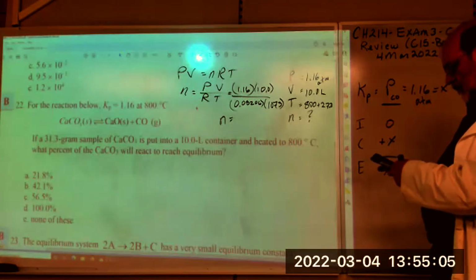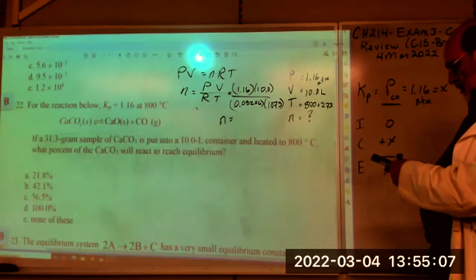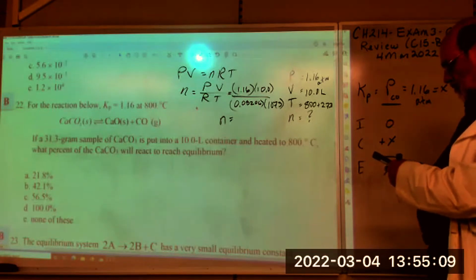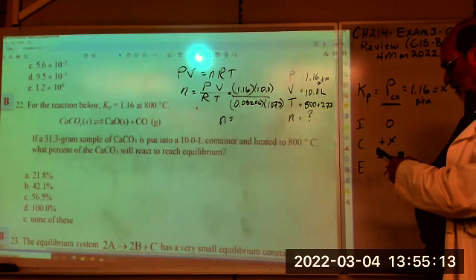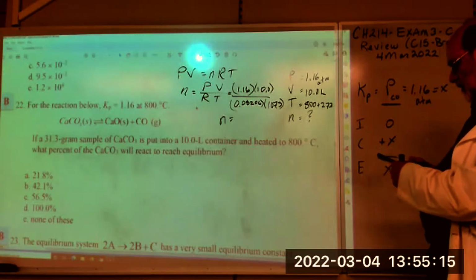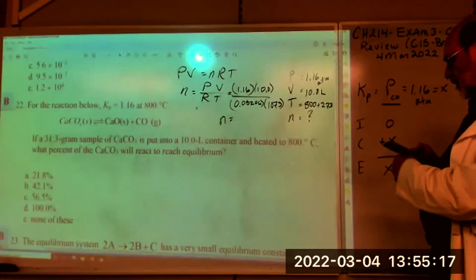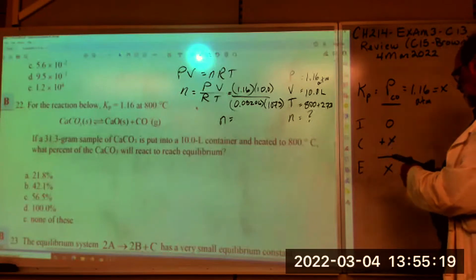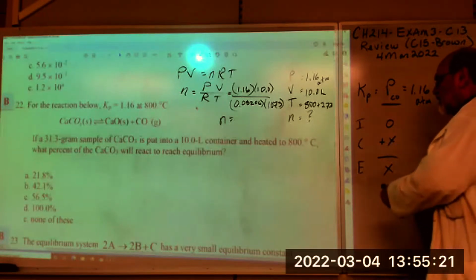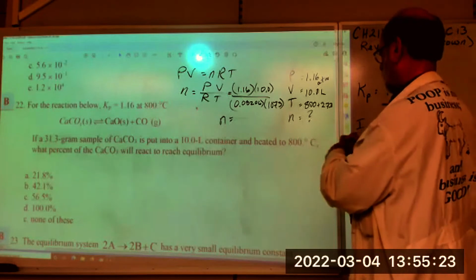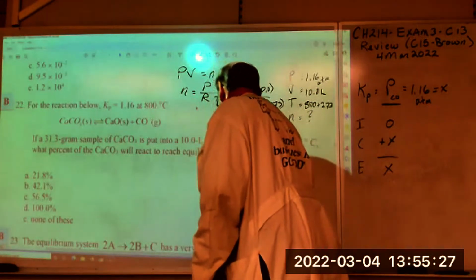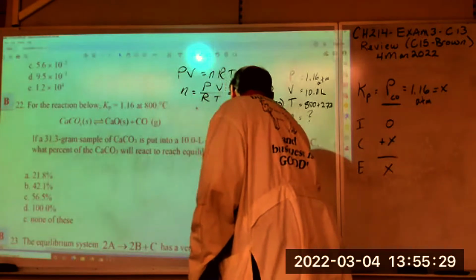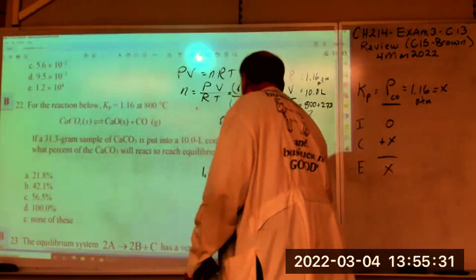Let's see, 1.16. 10 times that, 0.08206 divide, and 1073 divide. So I get 1.317 times 10 to the minus 2 moles of CO.